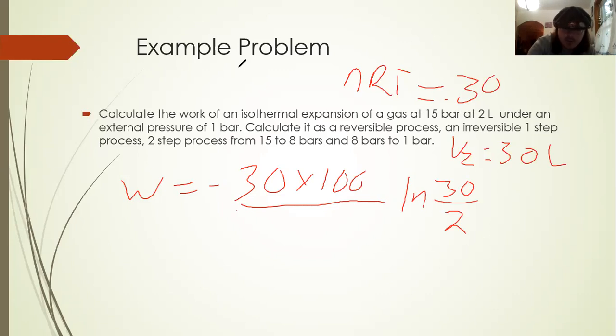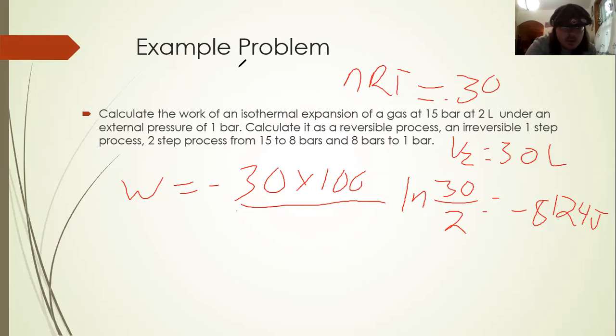So we have 8124 joules. So that's how much work can be done in a reversible process where you have infinite steps.